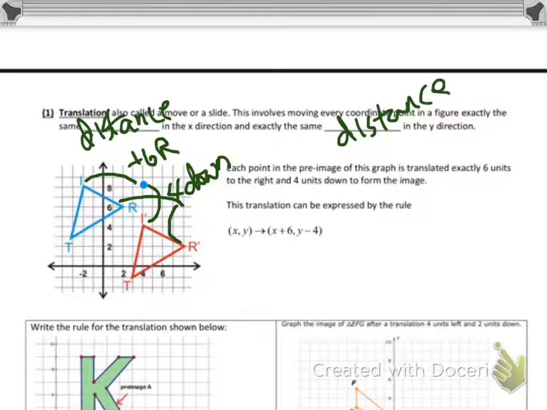Same thing for T. So each point is moved exactly the same amount, and so we can write the rule by just saying how much x changes. X changes by 6, positive 6 because we're going to the right. Y changes by negative 4 because we're going down.